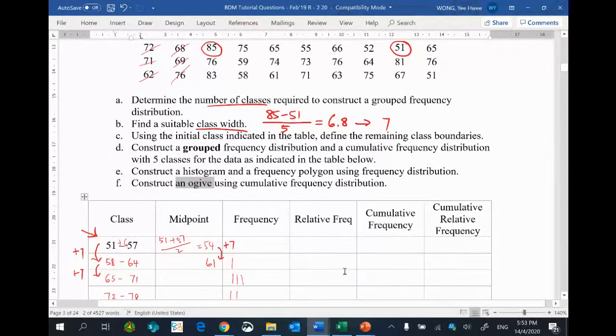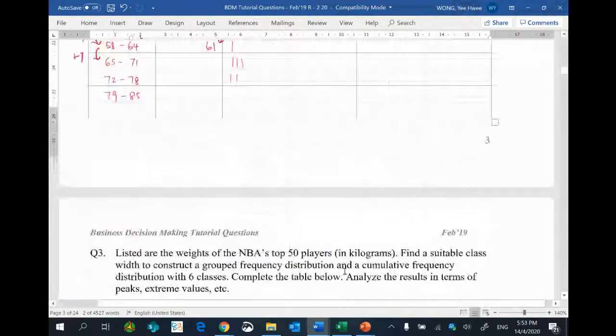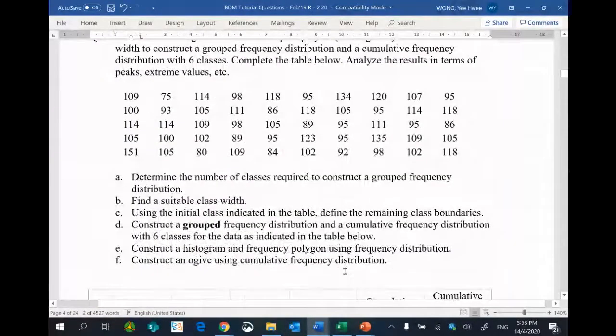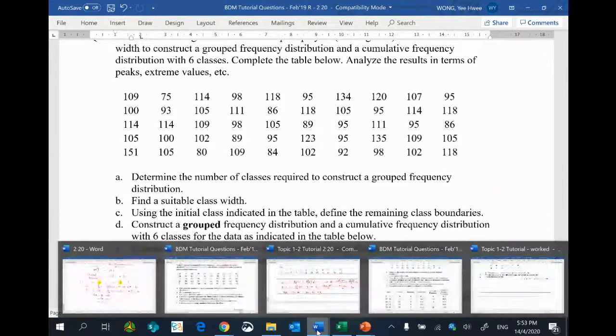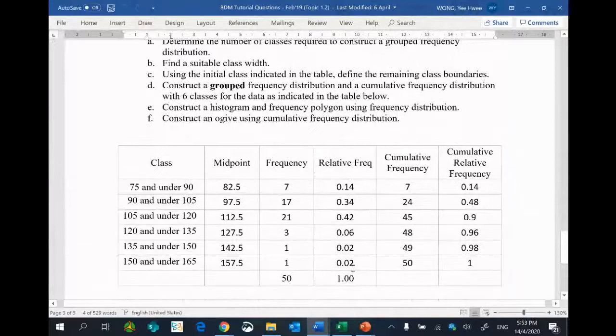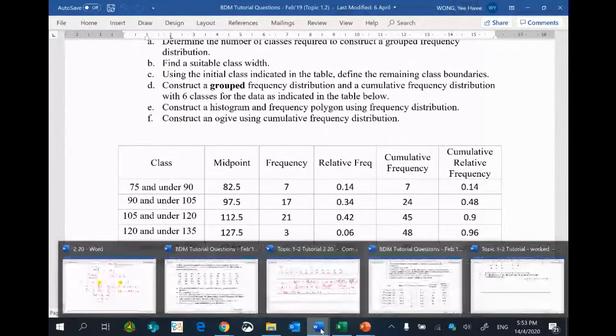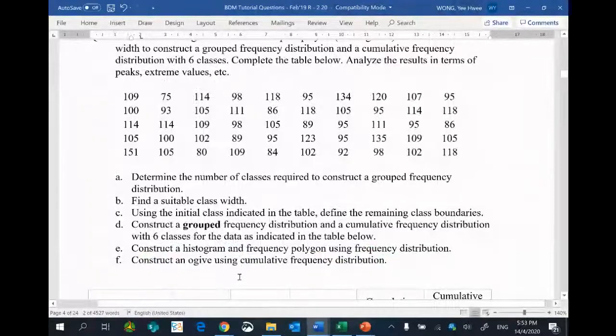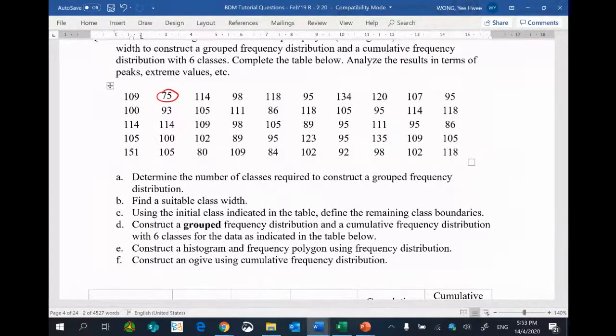Now I go to the next one. Same thing here. Let me see the smallest and biggest number. 75 to 165. 75, and the biggest number, 151, I guess. That's the biggest of all.